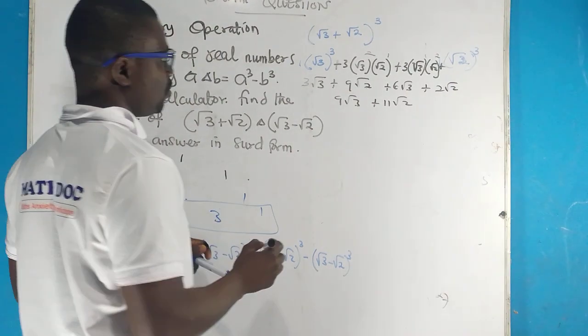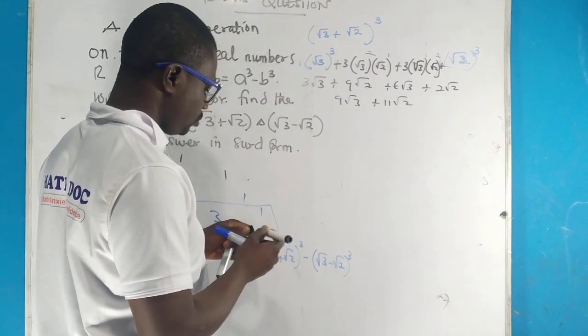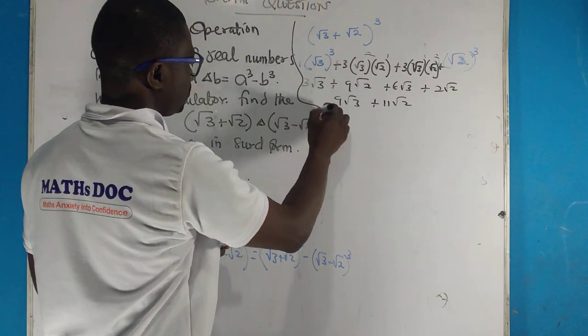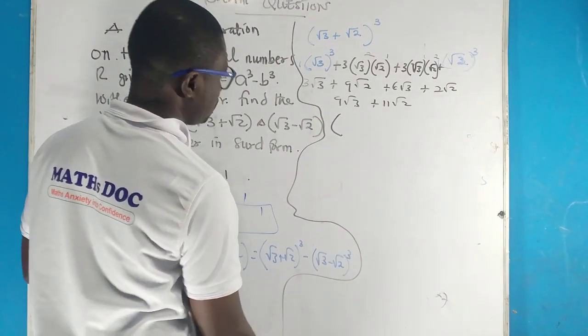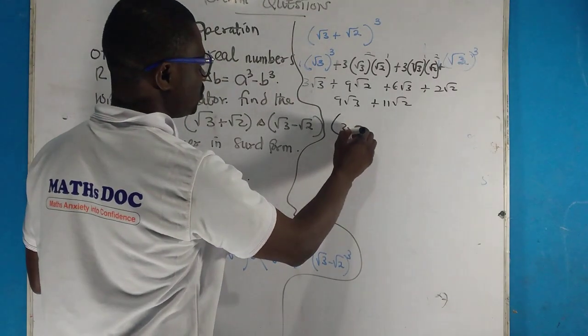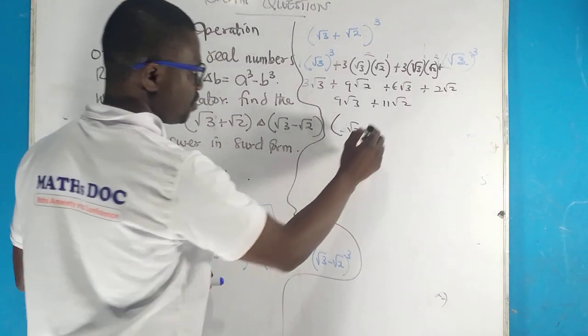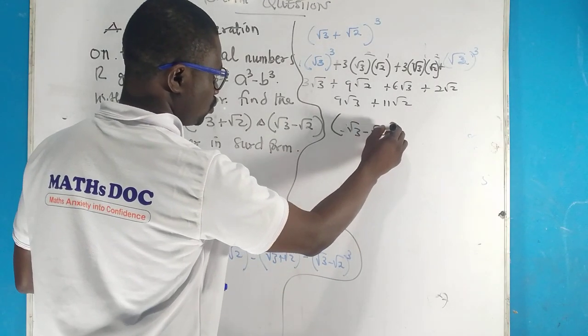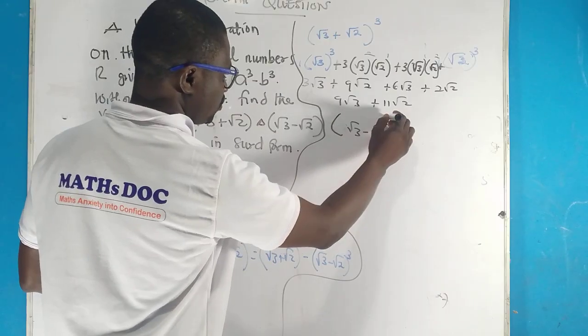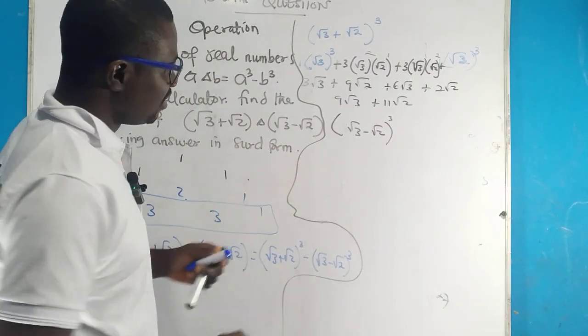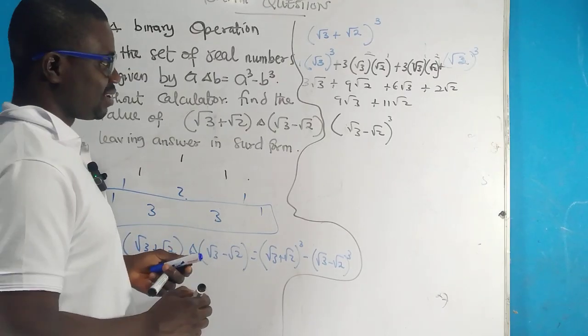Now let's do the second one, which is root 3 minus root 2 exponent 3. We are supposed to also expand. If you didn't see the first pattern, let's look at the second pattern.